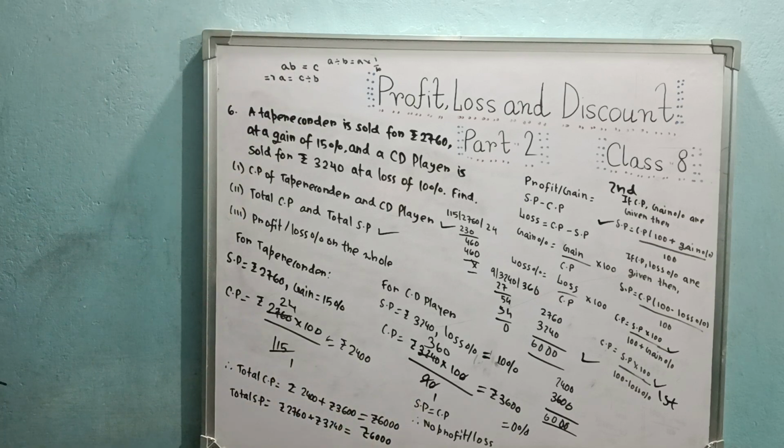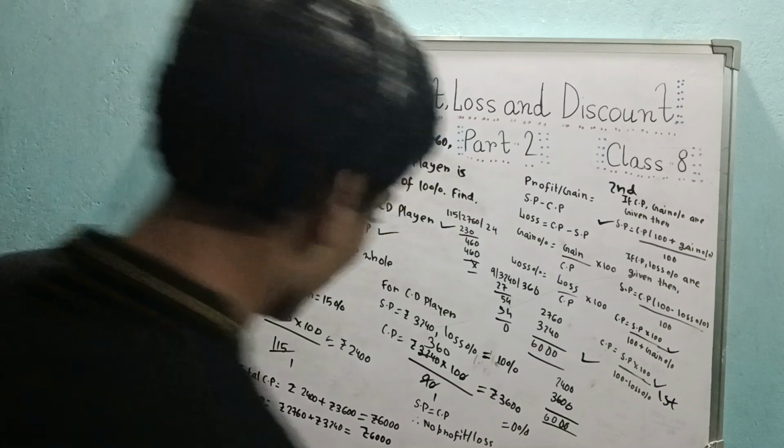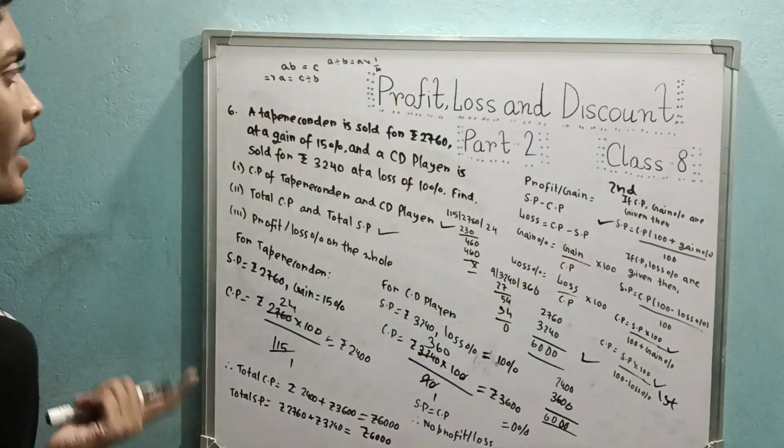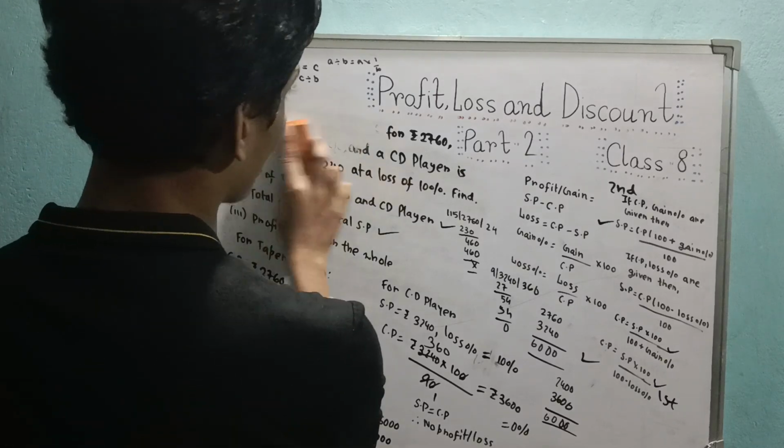And when a transaction has total CP equal to total SP, you have no profit or loss percent. This is your answer for the sixth question. Actually remarkable. I never saw something like this. It panned out so that at the end you are getting no loss and no profit.